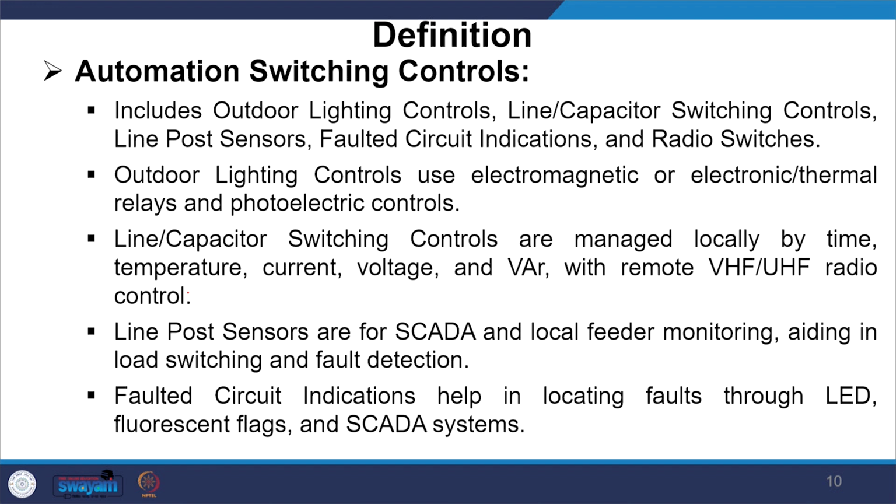Line post sensors are for SCADA and local feeder monitoring, aiding in load switching and fault detection. Faulted circuit indicators help in locating faults through LED, fluorescent flags, and SCADA systems. Now, moving to the data concentrator, a microprocessor-based unit that collects data from various SCADA devices, acts as a gateway and is essential for AMR systems.